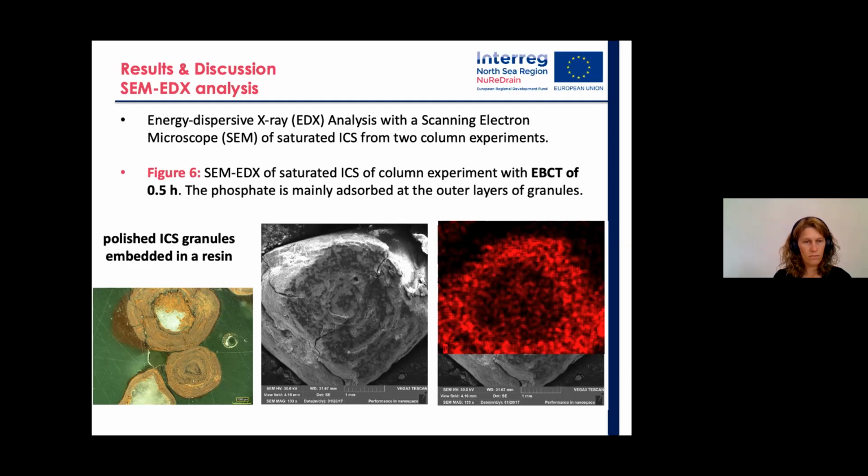And this is a normal microscope picture. This one is the picture of the electron microscope, and then we can see with the EDX where the phosphorus is adsorbed on the granule.